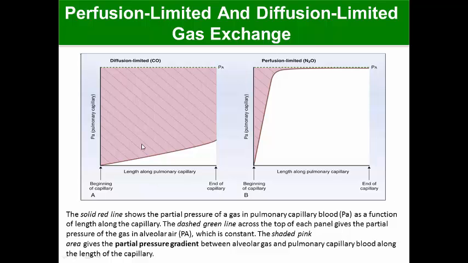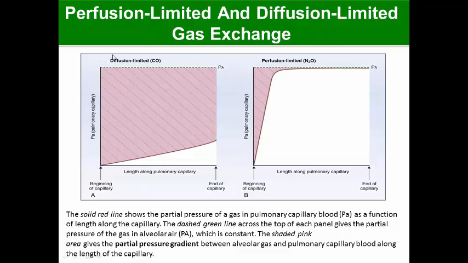And this is clear here in this diagram. On the x-axis we have the length along the pulmonary capillaries, and on the y-axis we have the partial pressure of the gas in the pulmonary capillaries.